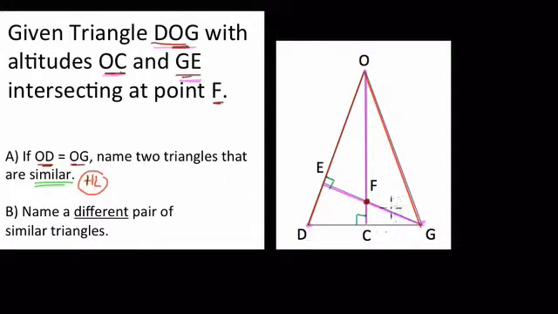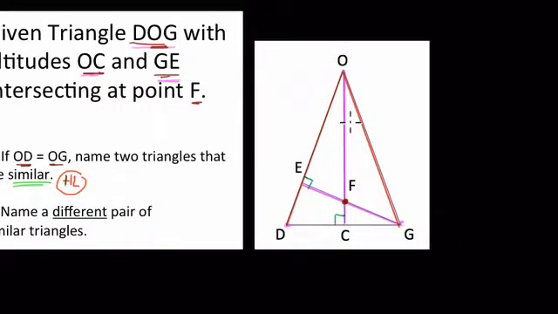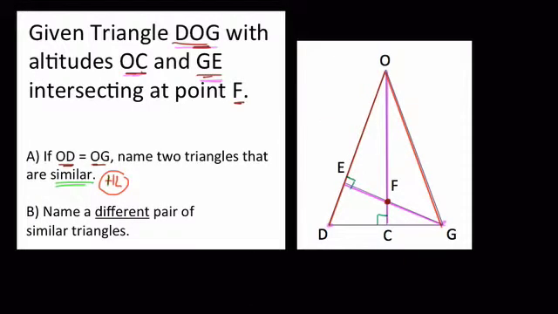That has to do with the fact that all right triangles already have a right angle, so they already have one corresponding equal angle. So we only need to establish that if hypotenuses are equal and a leg is equal, then they're definitely similar. Okay, so can we do that for any of these triangles?